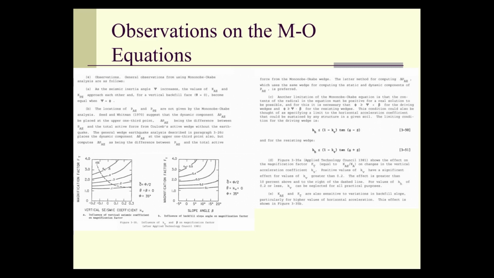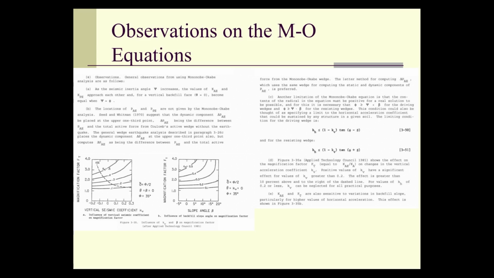The locations of PAE and PPE are not given by the analysis. Generally speaking, to cut to the chase, we normally use the 1/3 assumption for triangles, and the half assumption for rectangles if we have them. But normally we stick with the 1/3 assumption for a lot of the work we do.